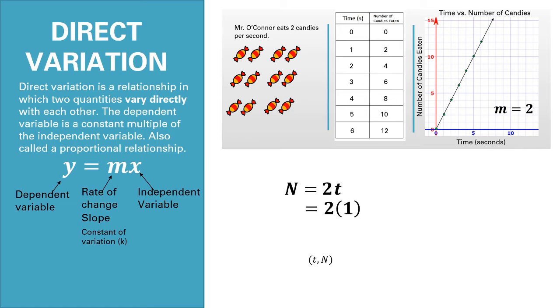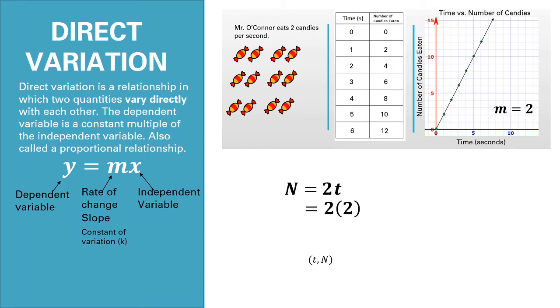If I substitute in 1 for t, I get 2 for n, and therefore I get the point on the graph 1, 2. And you can see that 2 is a multiple of 2 because it is 2 times 1. You would find that point 1, 2 on the graph right there.